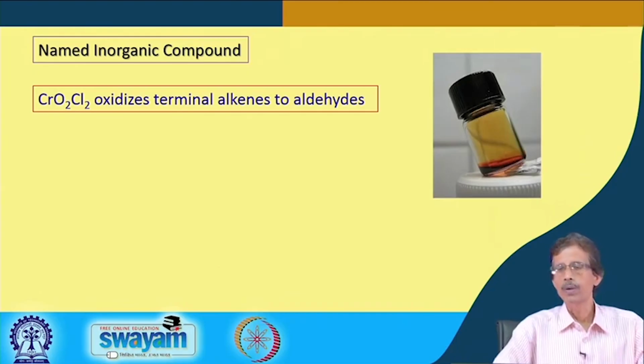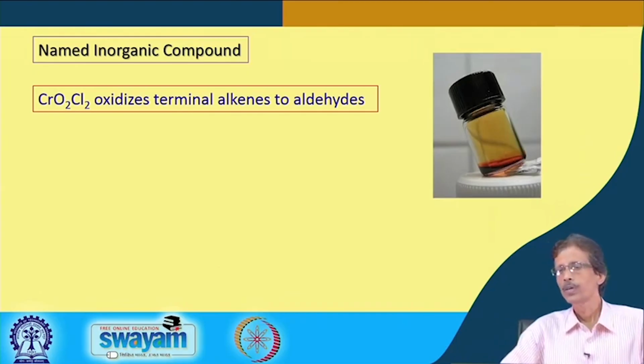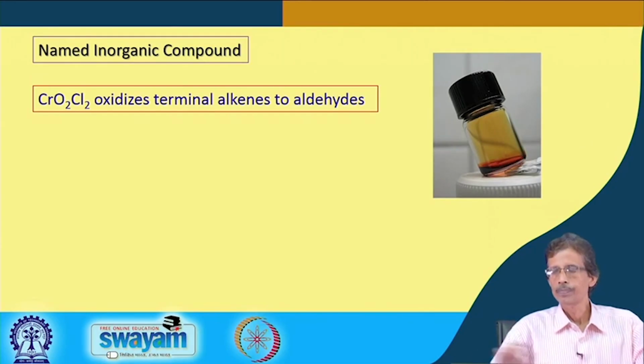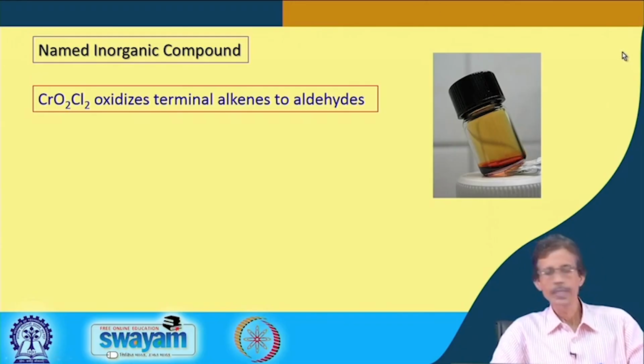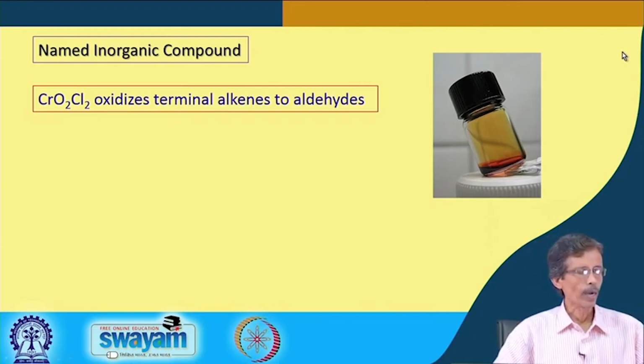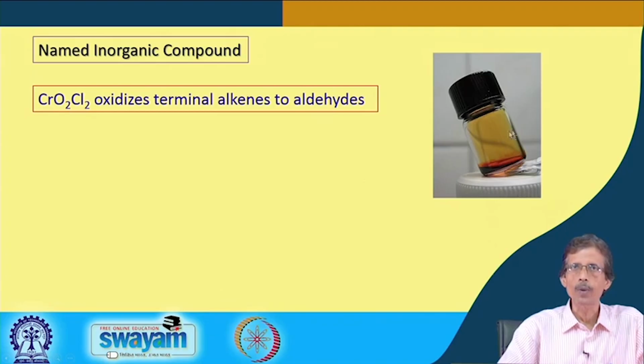This is the bottle which has some red liquid, and this red liquid is nothing but our chromyl chloride molecule. It is formed from a reaction of a compound in the hexavalent state, and we have to use the corresponding chloride. That means the chloride should also be available in that particular reaction.